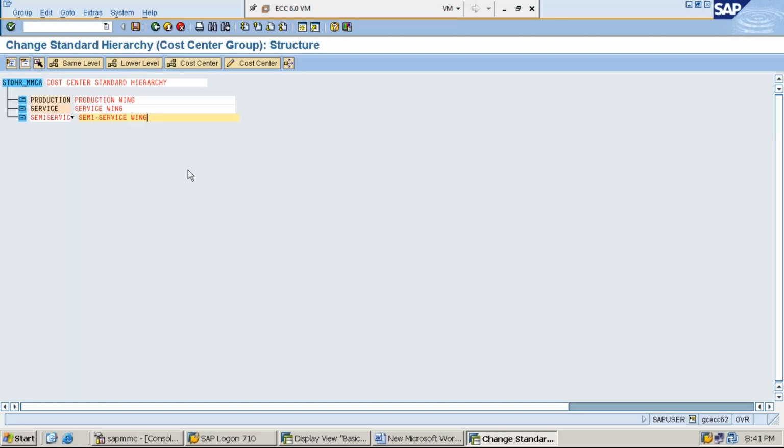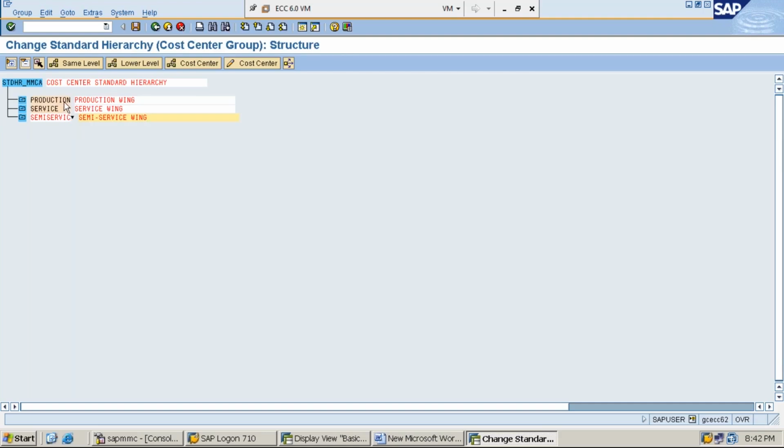So what I'm doing is trying to set up a cost center standard hierarchy, which will divide my entire organization into various departments or wings and sub departments. I'm assuming a manufacturing organization, and I'm dividing my entire company into three wings: production wing, service wing, semi-service wing.